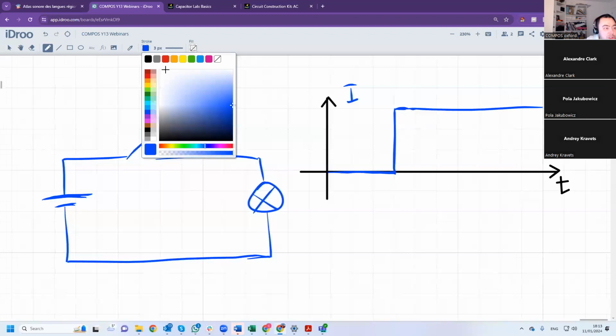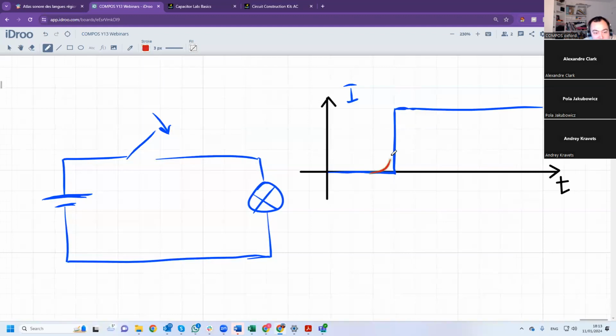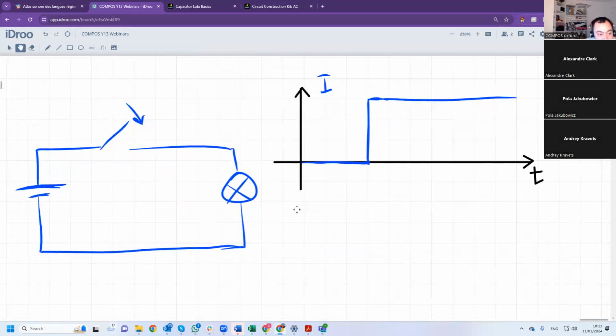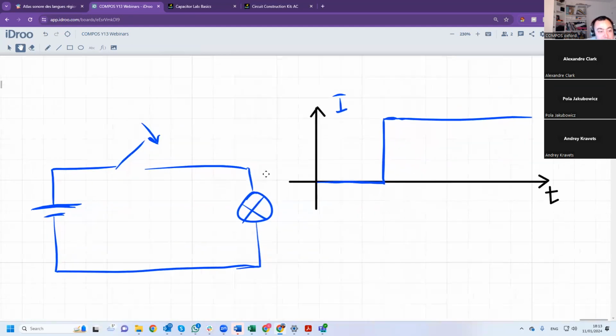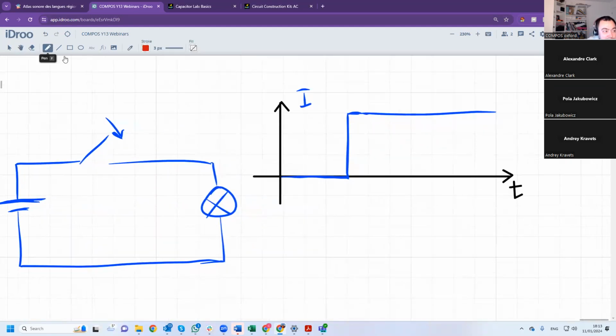So it never goes suddenly from 0 to something. And the effect is magnetic, of course. It is Lenz's law that is responsible for this. And you don't see it with normal everyday conductors, where it goes like this.